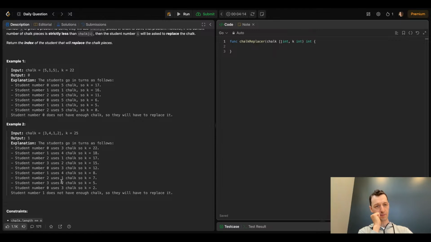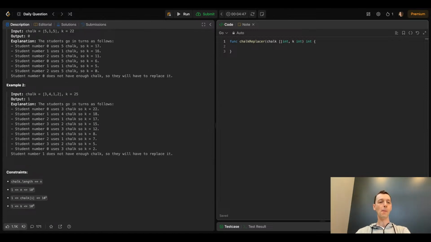Student number 3 uses 2. K was 7, minus 2 becomes 5, minus 3 becomes 2. And student number 1 doesn't have enough chalk because they need 4 and they have 2.